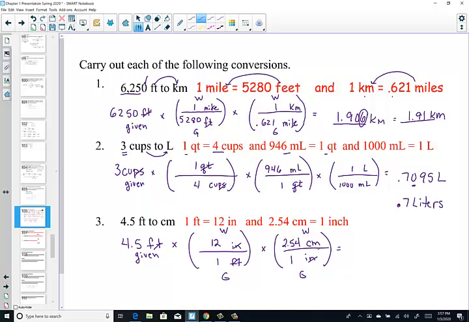And we have 4.5 times 12 over 1 times 2.54 over 1. And my screen reads 137.16. We're allowed 2 sig figs. So that 7 will be the first number that we drop. It needs to round up. So 140, no decimal, and that means we have 2 sig figs, and our final answer would have a unit of centimeters.